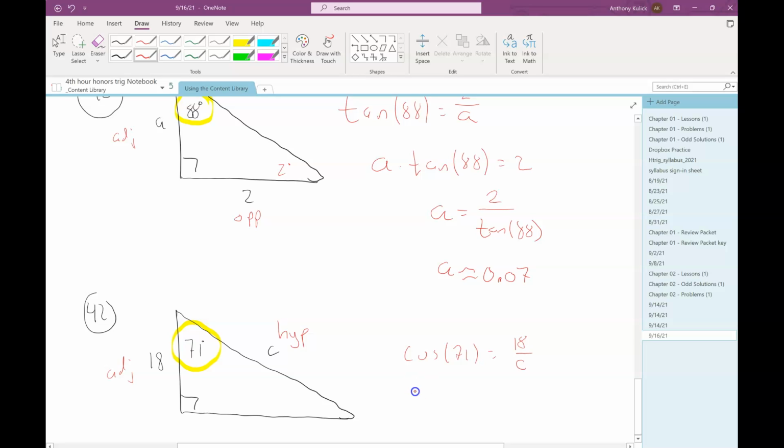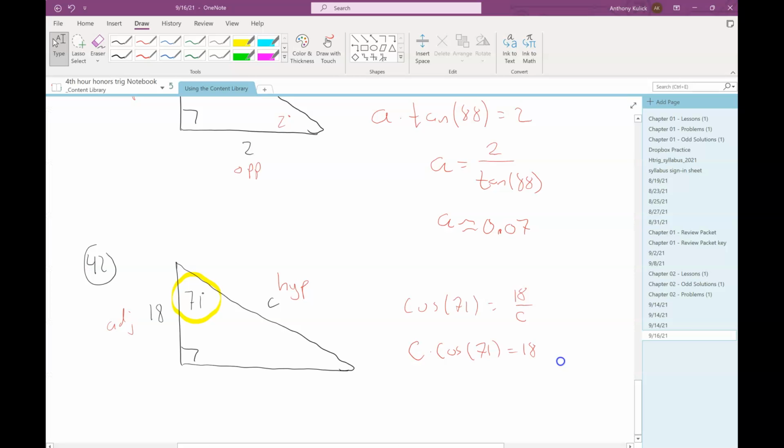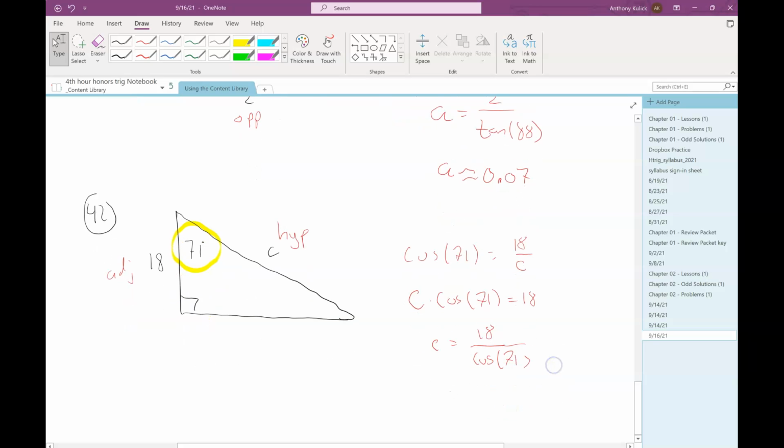And then we'll multiply both sides by C to get rid of the fraction, and then divide both sides by cosine 71. Again, that's just a yucky decimal. And then it's calculator time.